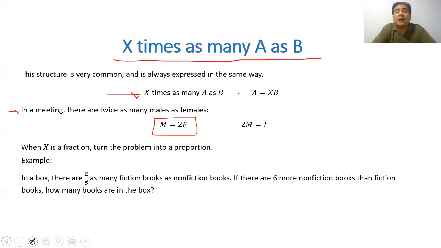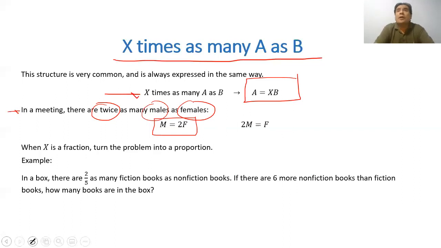The males are double the number of females. That's what it means. It means the quantity that goes first, males, is always x times the number that follows, B. This is the interpretation of this structure and it should be automatic, okay?